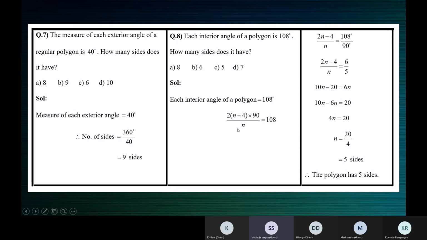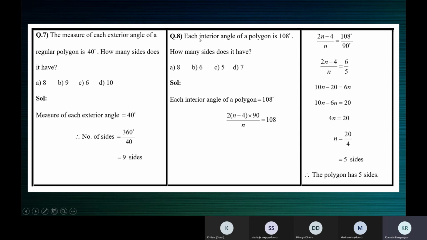Ma'am, it's minus 8. Yeah, so I'm wrong in calculating. Let me correct the slide, children. Let's take up this in the next class. Let me correct this and then do it. You can just solve this and find the value of n.